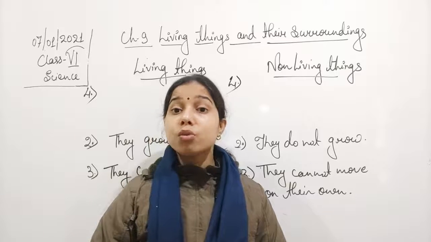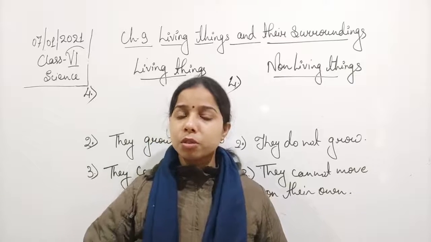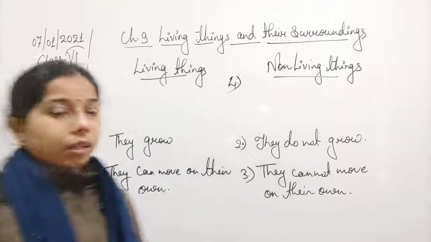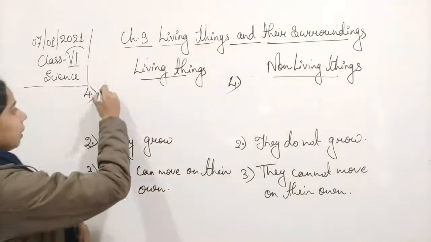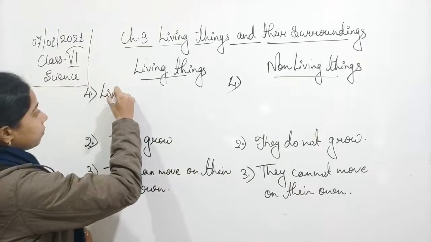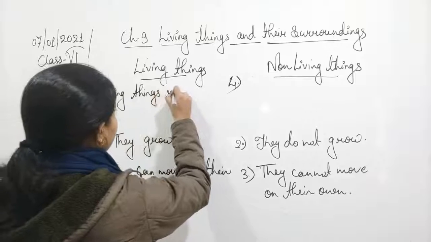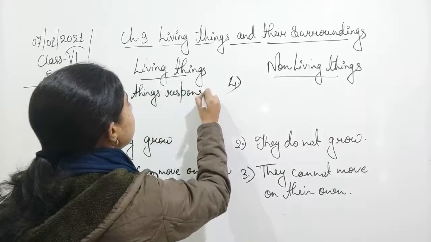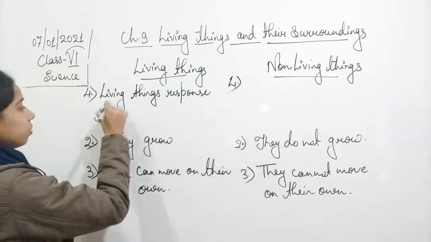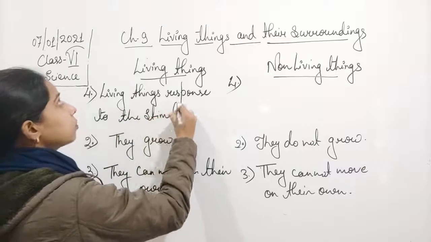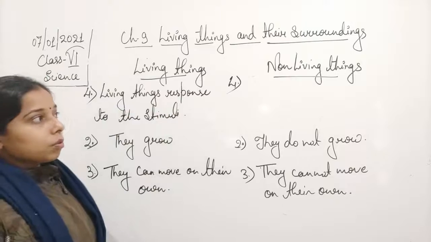Okay, so we used to respond to the stimulus. Stimuli is what? It is a kind of change which occurs in our surroundings. Okay, so we can write it, living things respond to the stimuli.